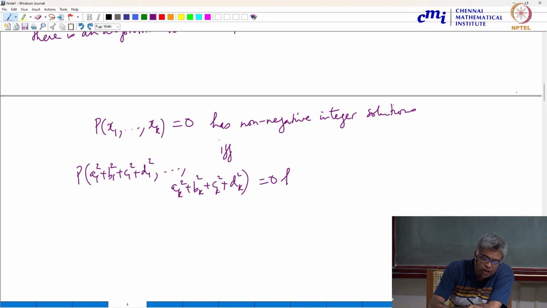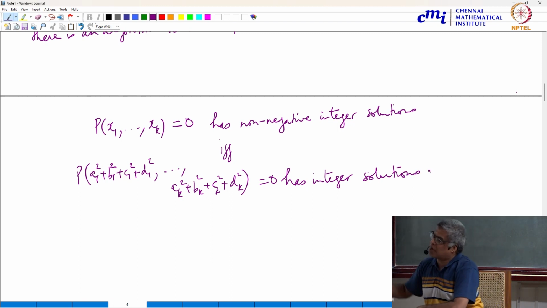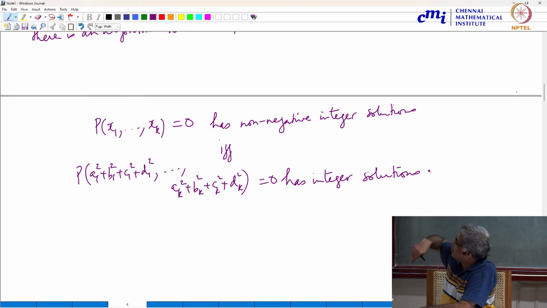So if you're given a polynomial equation and you are asking whether it has non-negative integer solutions, instead you can transform that equation to this. For each variable x1 you introduce four new variables, and instead of x1 you write a1 squared plus b1 squared plus c1 squared plus d1 squared, etc.